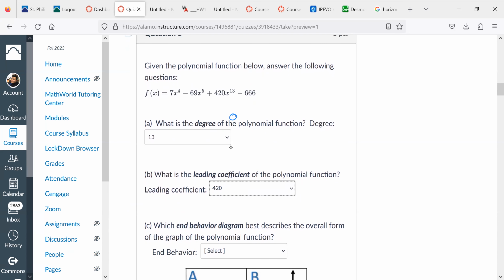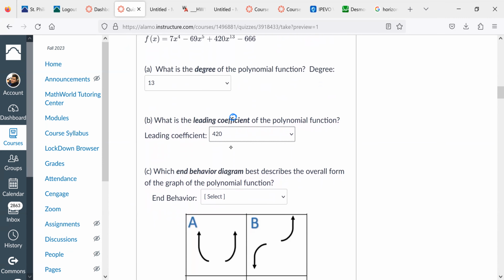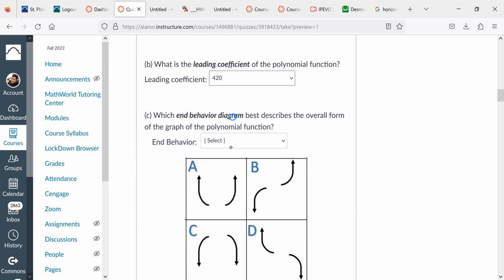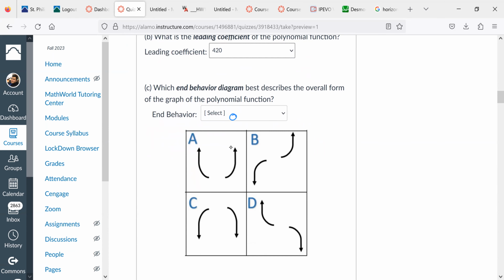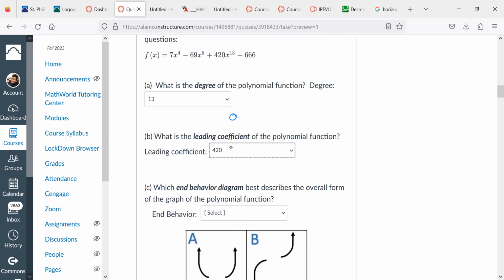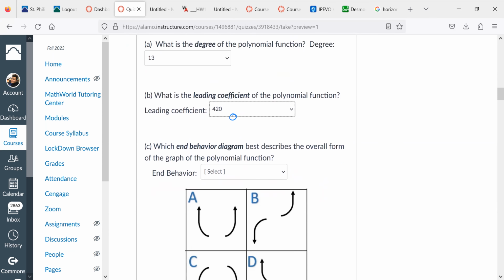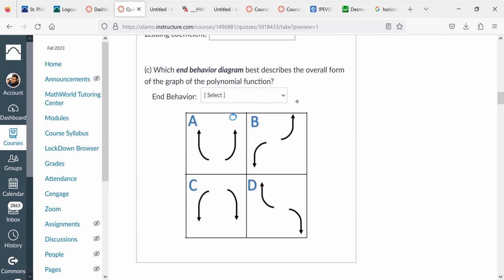And behavior. We said if it's even, it should be kind of like a parabola type, right? Either A or C. Which one would y'all choose? Oh, actually, it's not even.